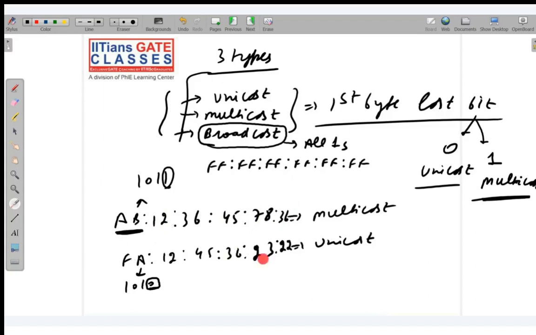Yes, it's okay. So this is the way to check addresses.